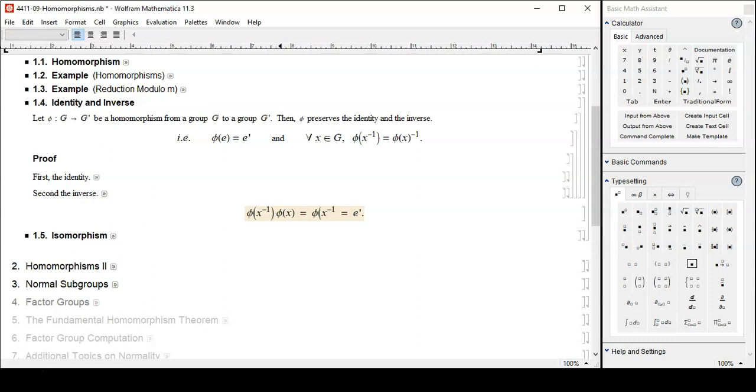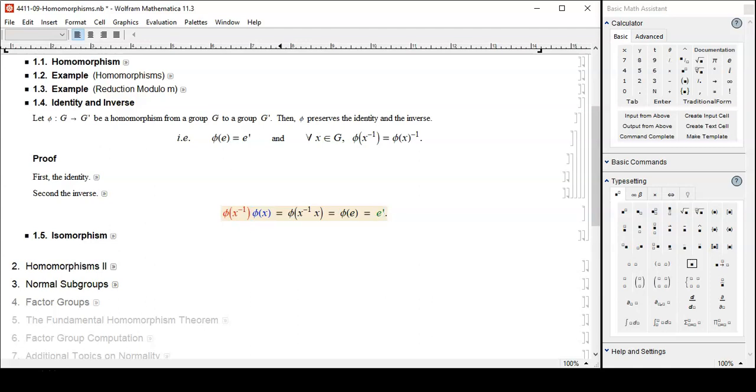So can you do this? So this is phi of, oops, E prime. So we want to get this red times blue is E. That's what we want to get.